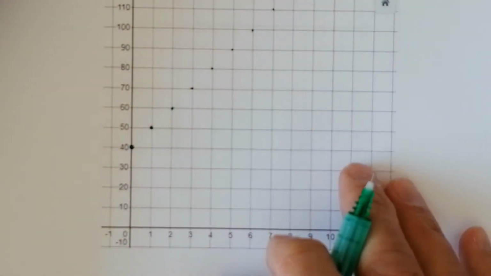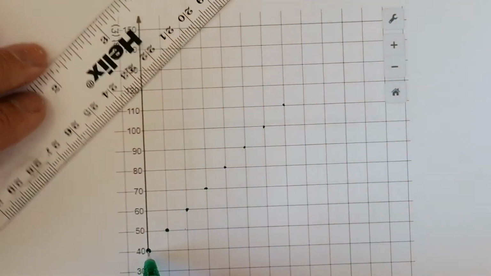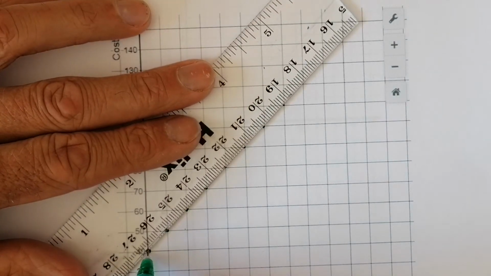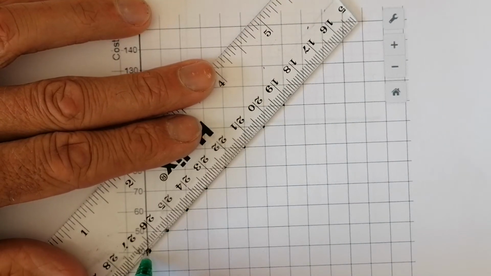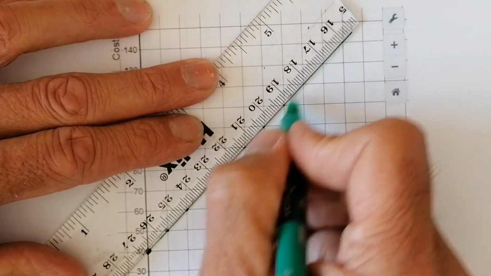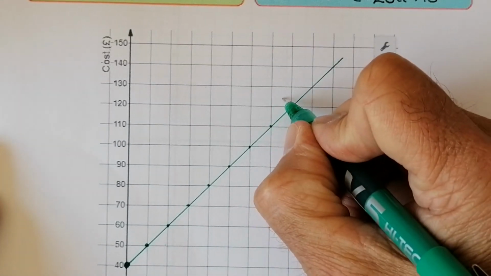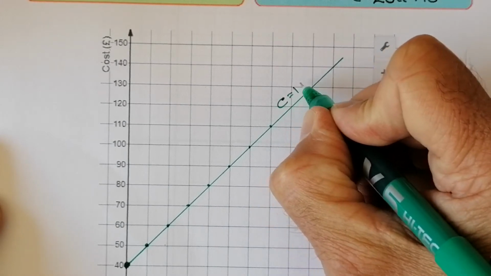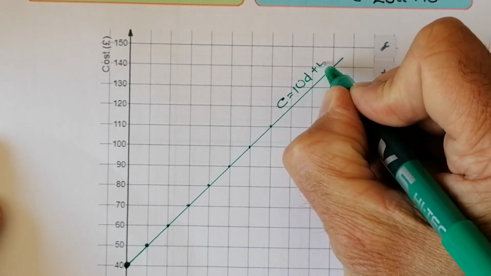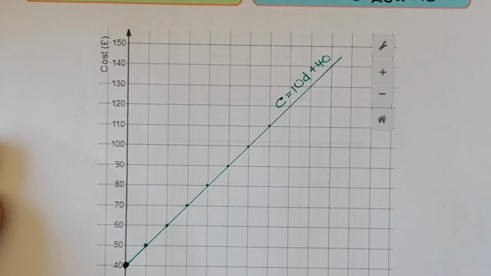So I'm going to draw a line through this graph, and that will give me the hire a car's costs as we go through its hire process. Okay, so this line here is C equals 10D, 10 times days, plus 40 for my deposit. Okay, so that's that one.